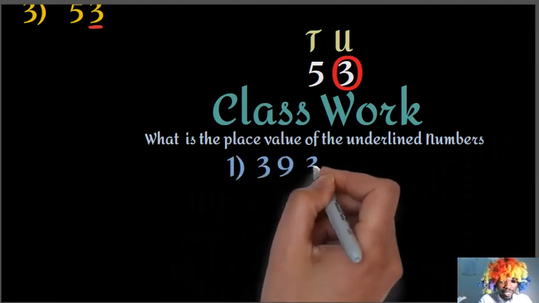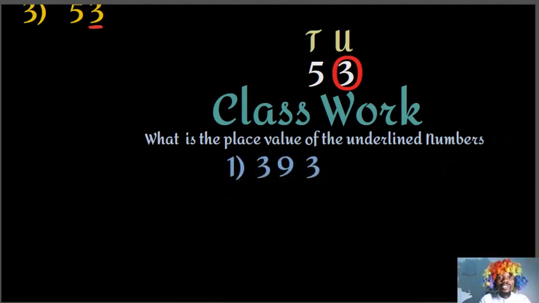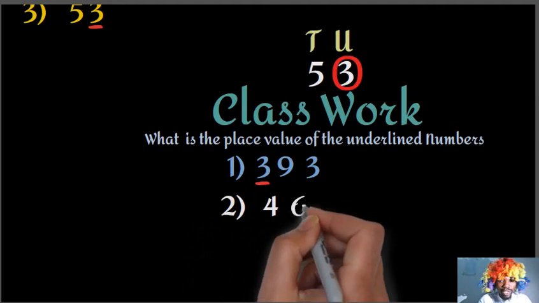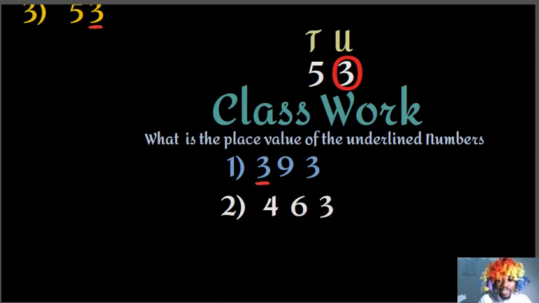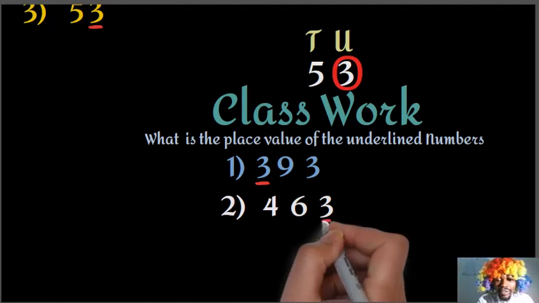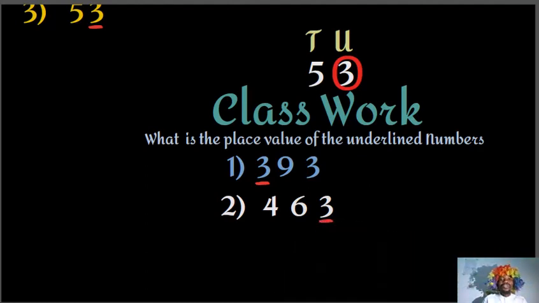We have 393. The underlined one is 3. Number 2, we have 463, and the underlined one is 3. So this is a simple classwork for you to do. Please do it, snap it, and send it to us.